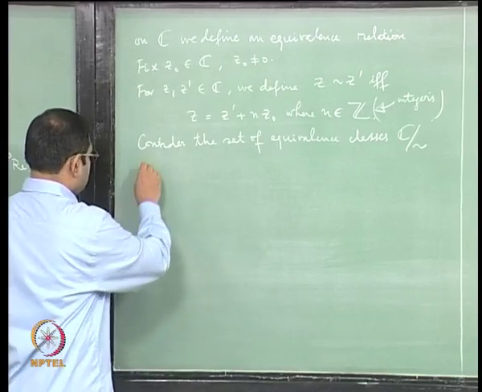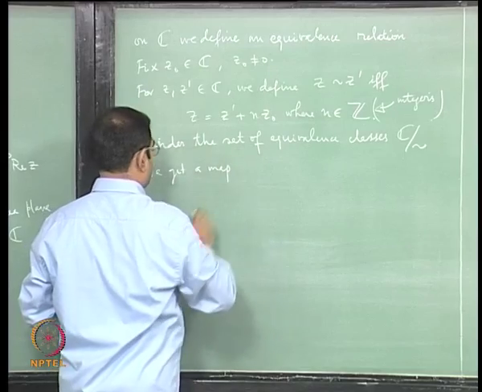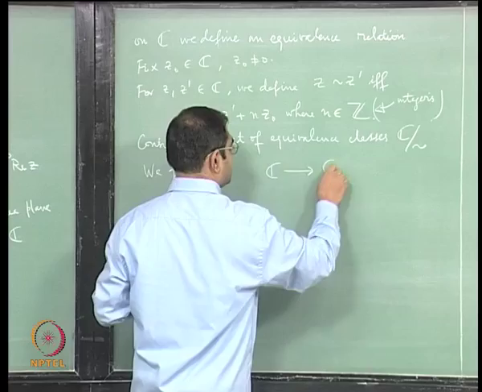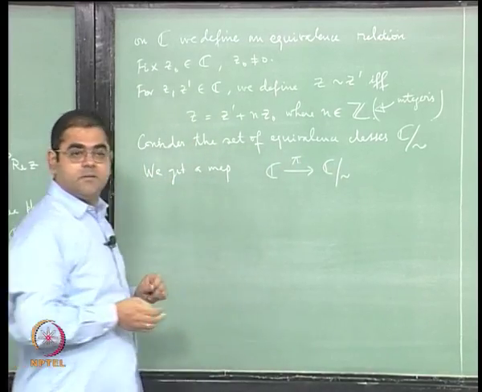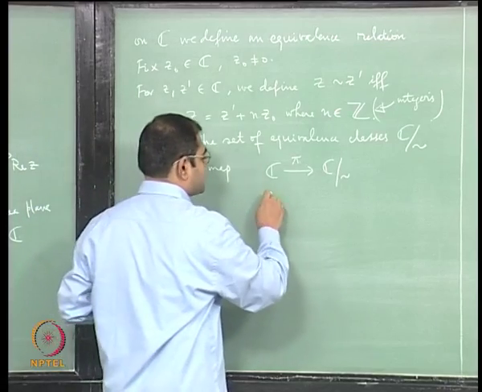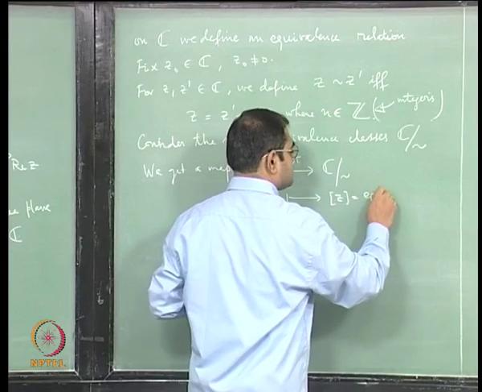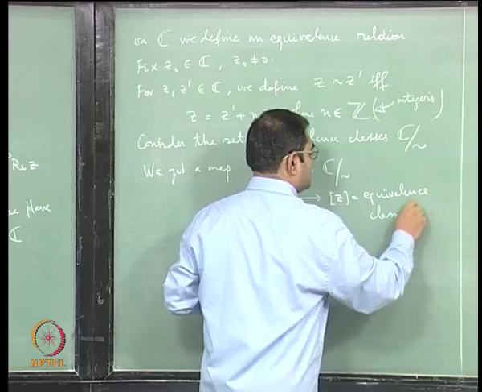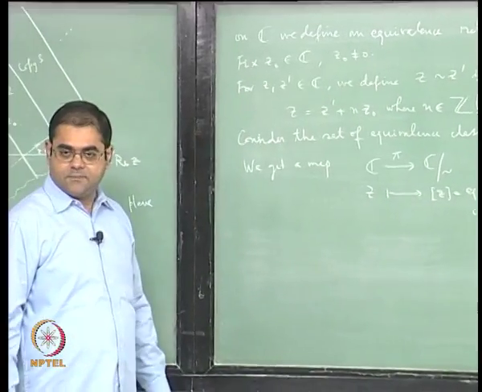And you also get a map from the complex plane to C mod tilde, and I will call this map pi. This is a natural map which takes any complex number z to its equivalence class, the equivalence class of z under this equivalence relation, okay.